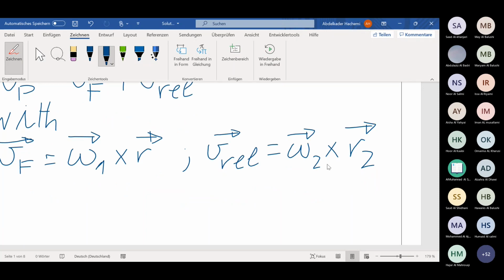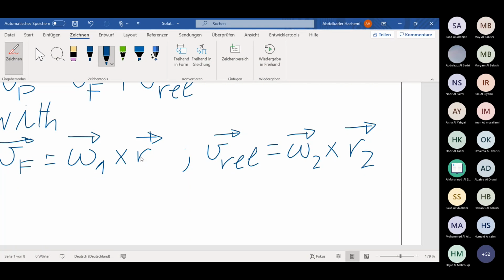Now, omega 2 corresponds to the angular velocity of what? Of the disk D. Omega 1 corresponds to the angular velocity vector of the whole system. That means the arm is rotating with omega 1, and also rotating with the disk.